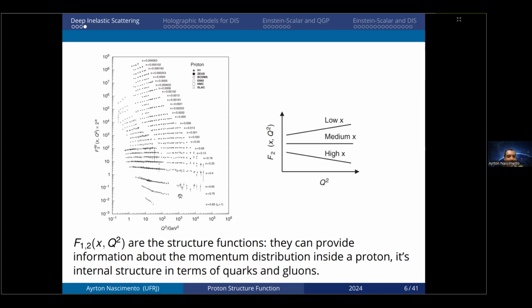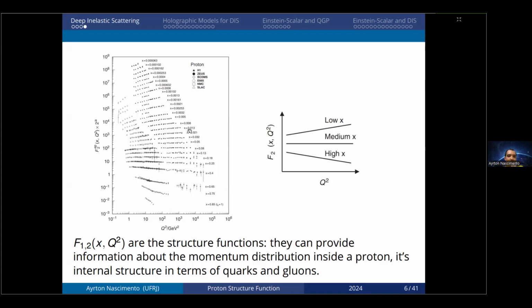As you can see here, as you increase the Q squared, the energy, you can have different behavior for each value of X. So you investigate this behavior at high energy for different values of the X parameter.